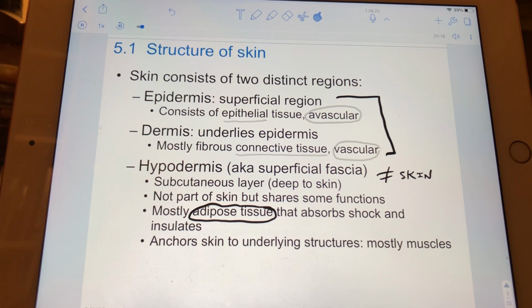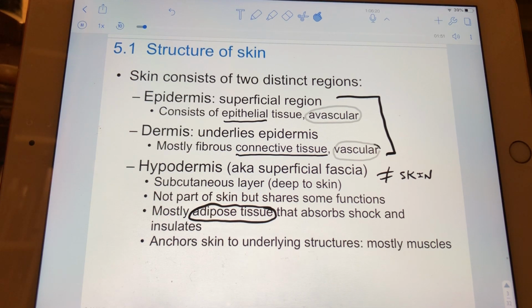But epidermis and dermis are, as we very recently established, made, respectively, out of epithelia for the epidermis, specifically keratinized stratified squamous epithelium, and connective tissue for the dermis, specifically loose areolar connective tissue and dense irregular connective tissue.